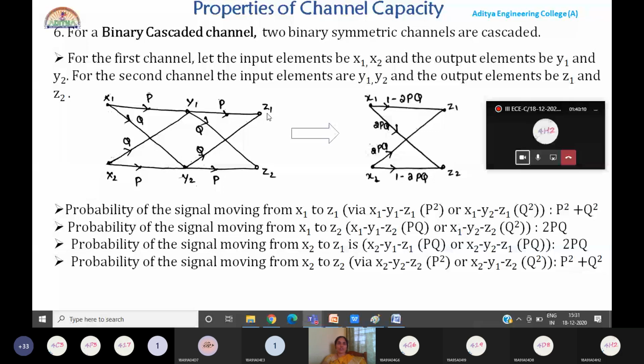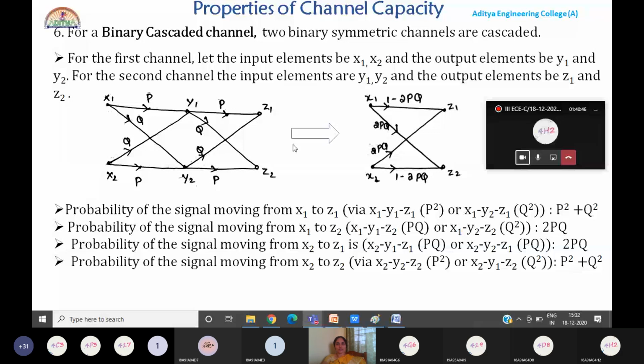What are the possible ways to move from x1 to z1? We need the x1 z1 probability.